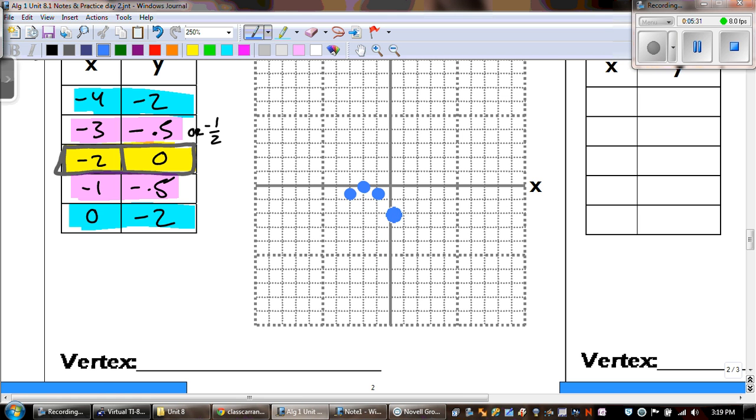And then at 0, negative 2, and at negative 3, 2, negative 2. Okay, now if you notice, this graph is a little wider than our other ones, which is fine. Okay, and just remember, we want it rounded. Do not make it look like that, okay? That's gross. Don't do that.